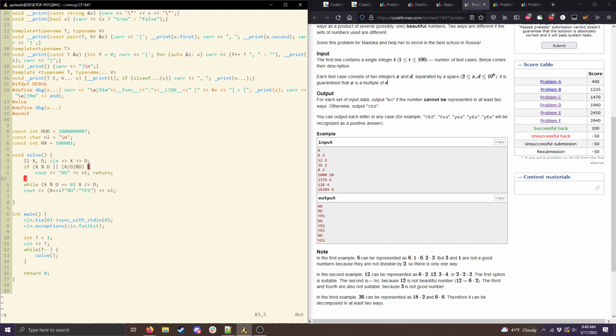And that's definitely not the case if D is prime. But if D is not prime, then what? Let's see, what if D is a power of a prime?